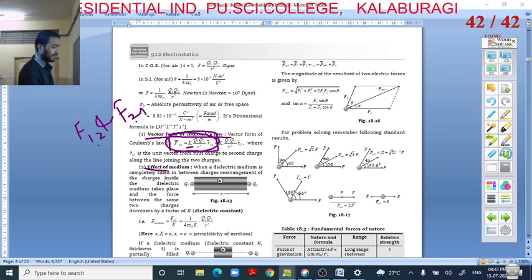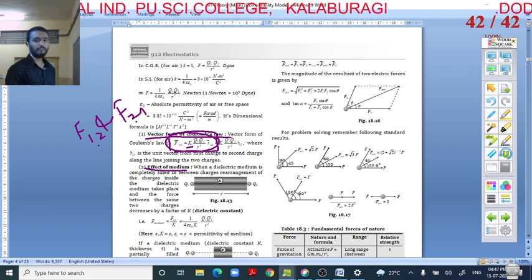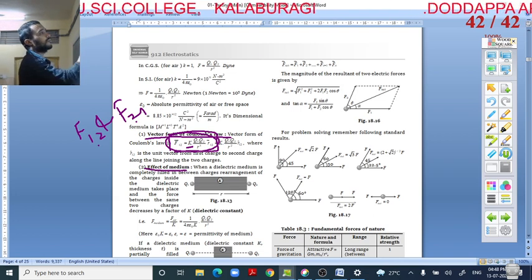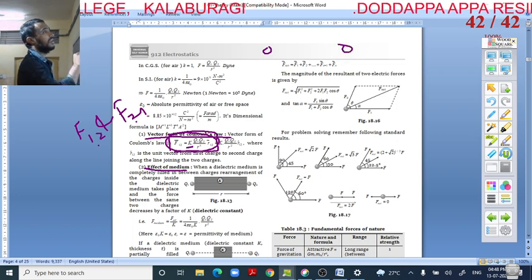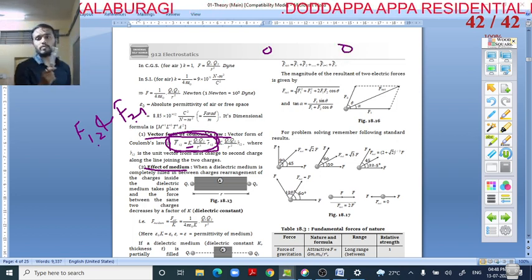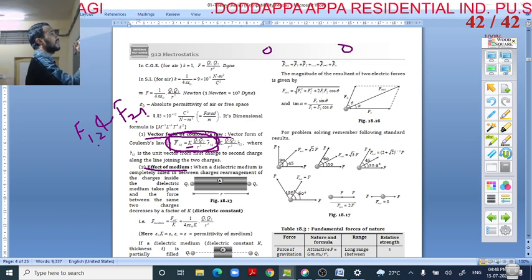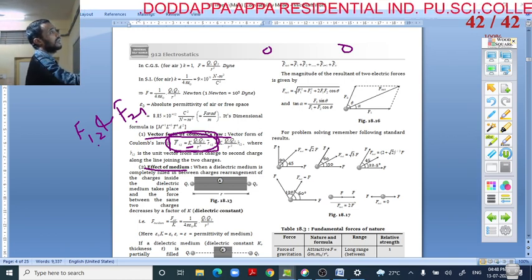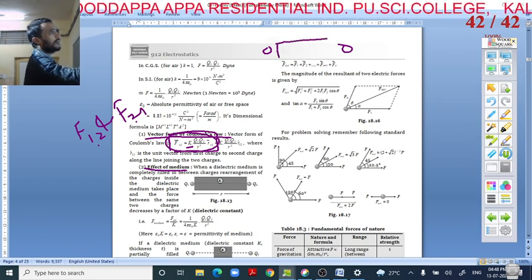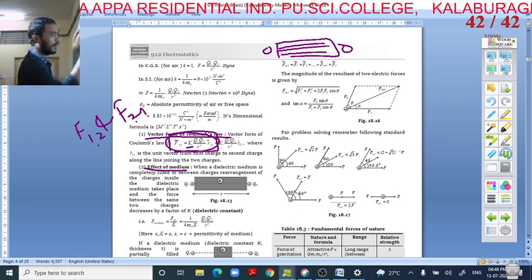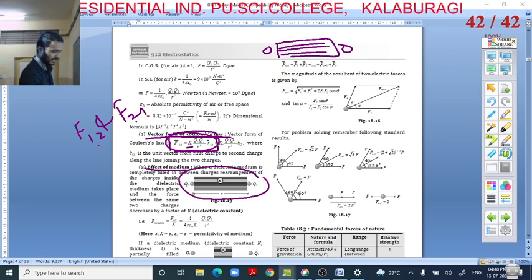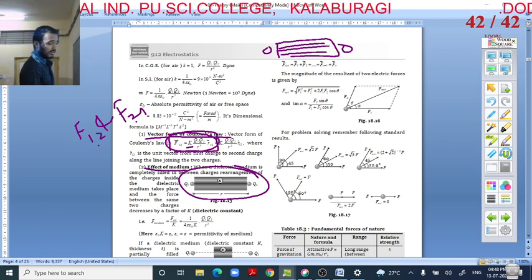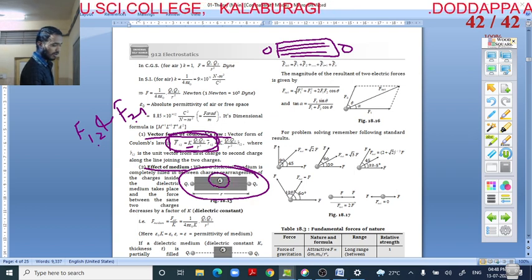And the effect of medium. If two charges are separated by air, F is equal to 1 by 4 pi epsilon naught Q1 Q2 divided by R square is the formula, right? If these two particles are separated by a medium, this is the figure he has given, then the dielectric constant will come here.